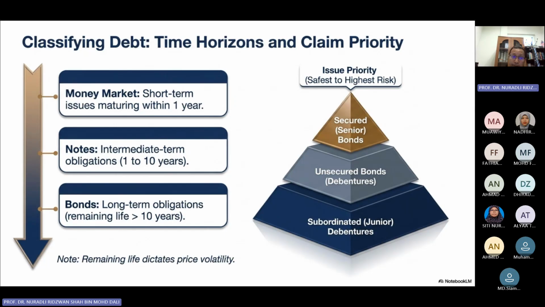Now we can classify the debt based on the maturity date. For the money market, it's short term, and the return is also not that high, not promising. Then we call it notes, which is 1 to 10 years. Then we have bond, which is more than 10 years.